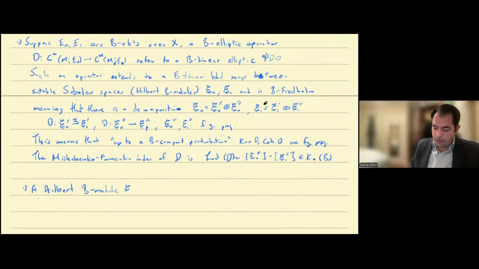The Hilbert B-module E is a right B-module equipped with a B-valued inner product, which is right bilinear in the second variable.